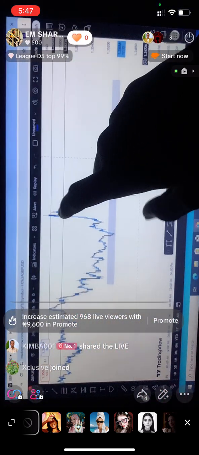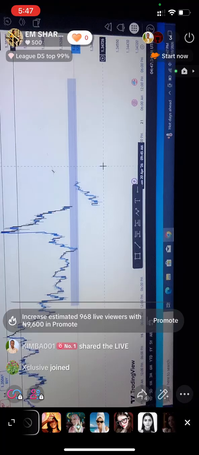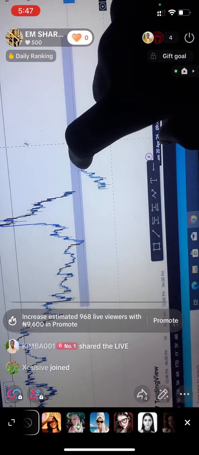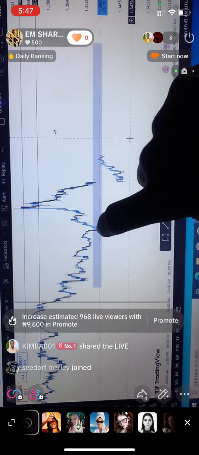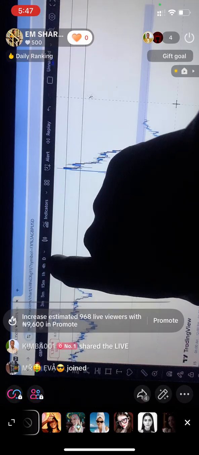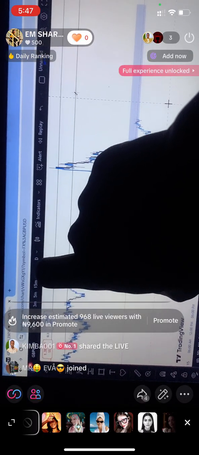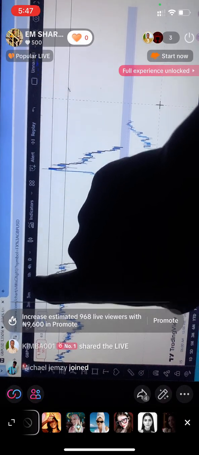So at the London session, which is by 8 a.m. or 7 a.m., I'm expecting GBP to drop massively to the downside on this zone. So remember, guys, our analysis started on the daily time frame. Step by step, we started on the daily time frame. Later on, we switched to the 4-hour, the 1-hour, and the 15-minute time frame.